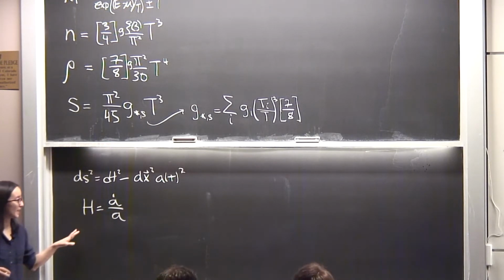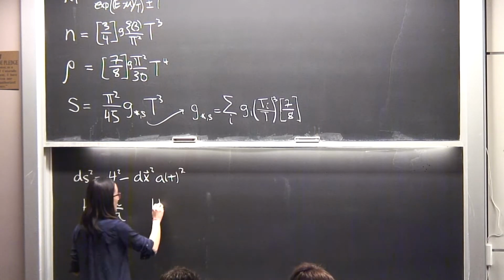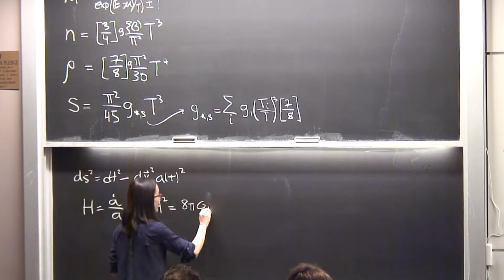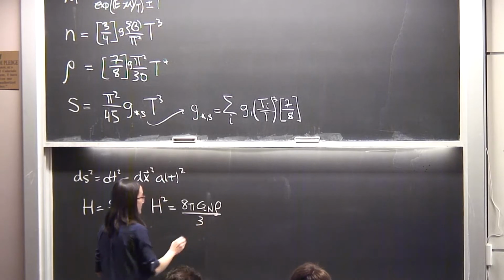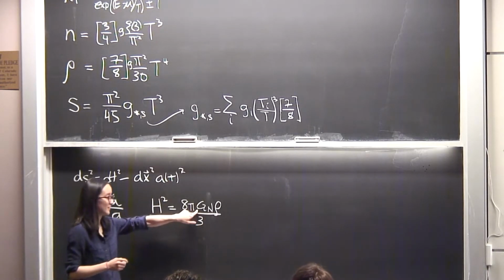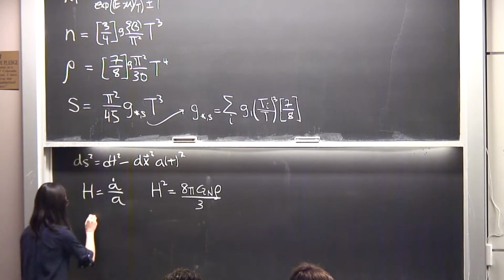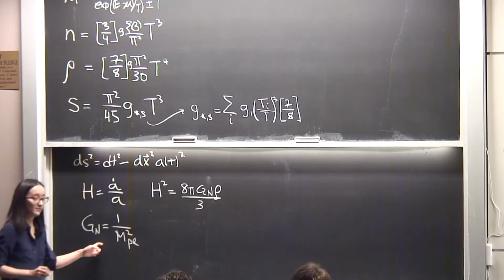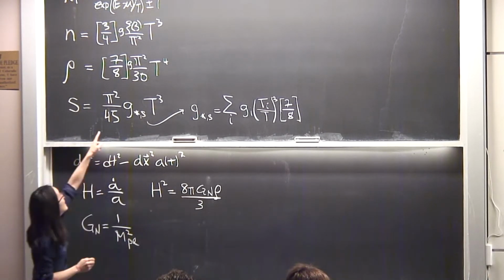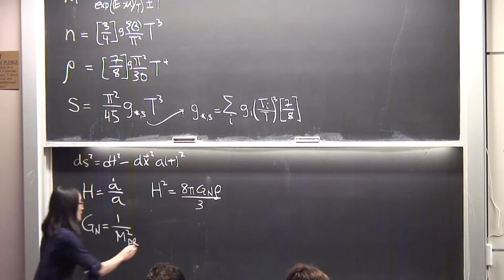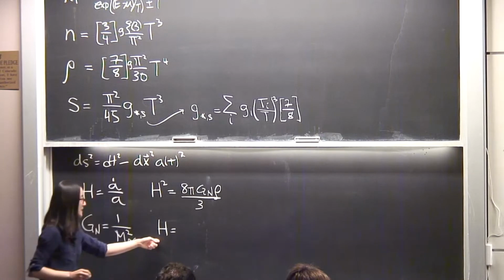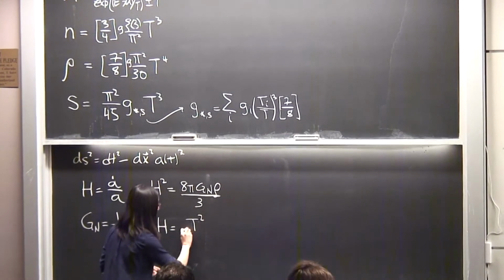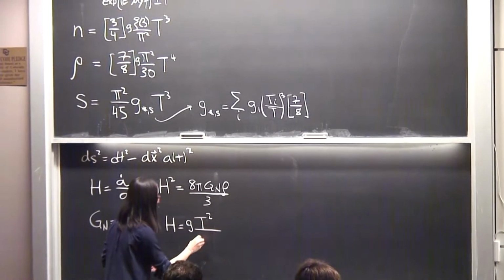Remember that Einstein's equations tell us that H squared is related to the energy density, and G Newton in natural units will be 1 over m Planck squared. The energy densities go as T to the 4th. So a helpful thing we'll use throughout this lecture is that the Hubble expansion can be written approximately as H is about square root of g times T squared over m Planck.